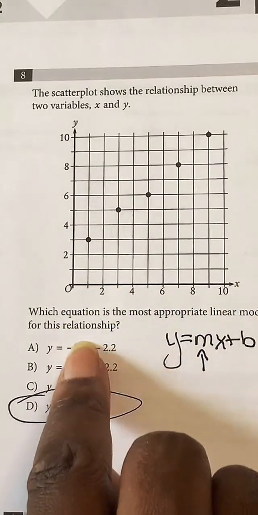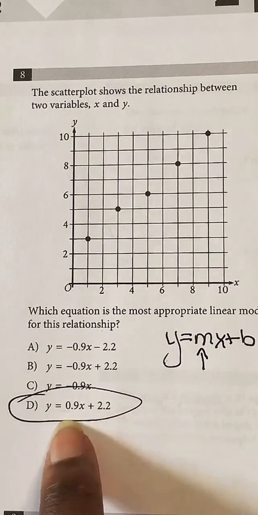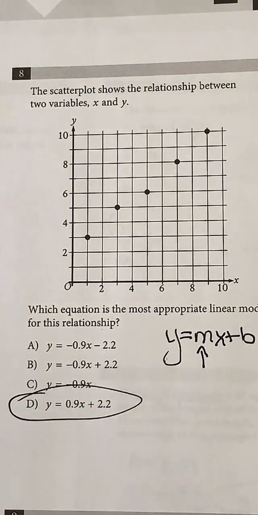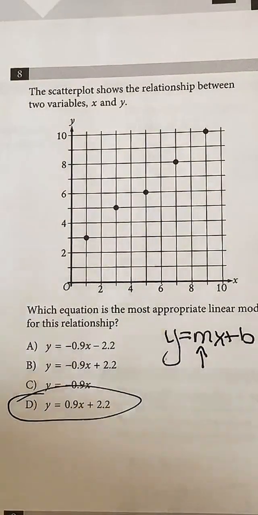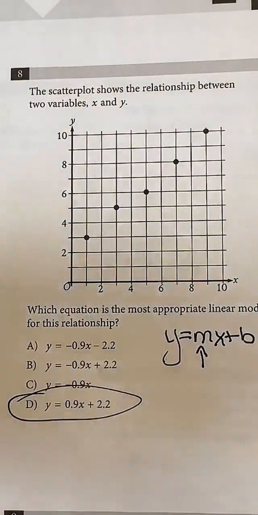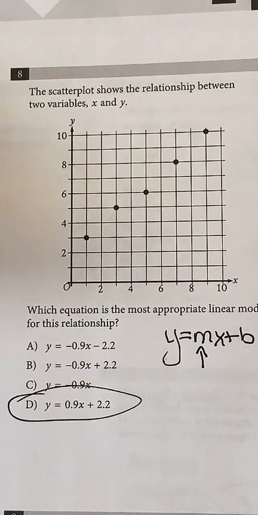So right away, I'm looking at my answer choices, and the only one that had a positive slope was D. That was my answer. Boom, circle it, click it, moving on. They just want to know, are you picking A, B, C, or D? And some exams will have E's. So you just pick the one that works. That's all you do. That's it.